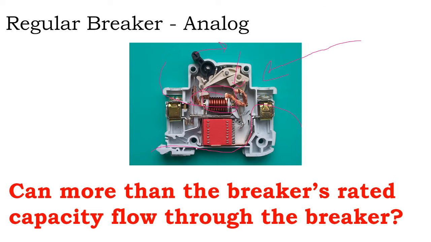And once that current flows too much, it causes the lever to open up the breaker. And so what that means is a breaker, like a 20 amp breaker, might actually be able to take more than 20 amps for a brief period of time, a minute or two, 2 minutes, 3 minutes, but once it starts flowing continuously, it'll open up.